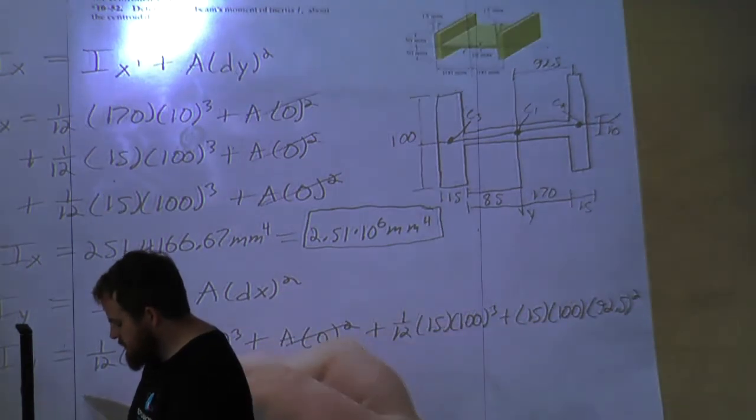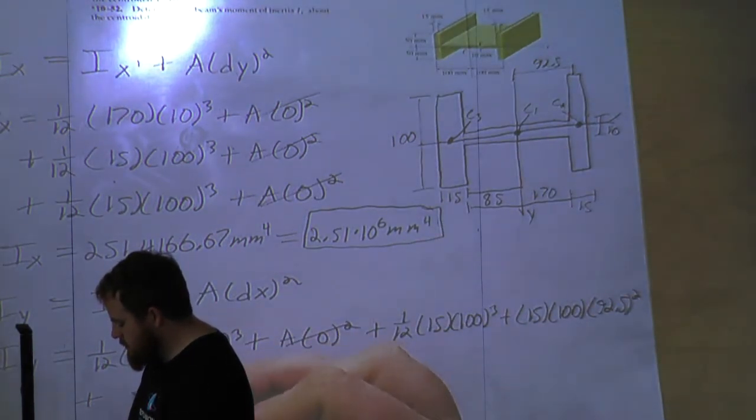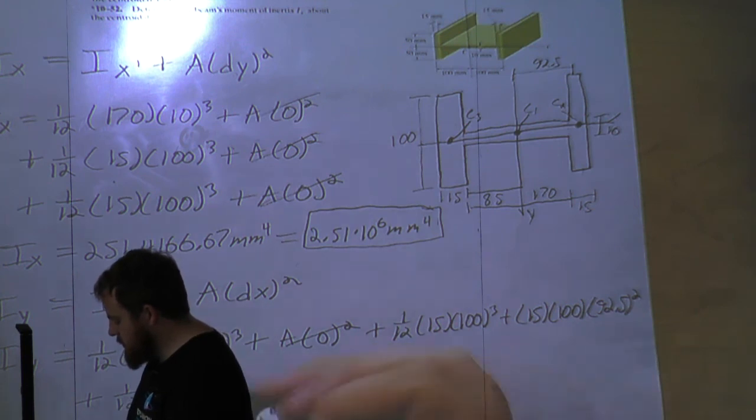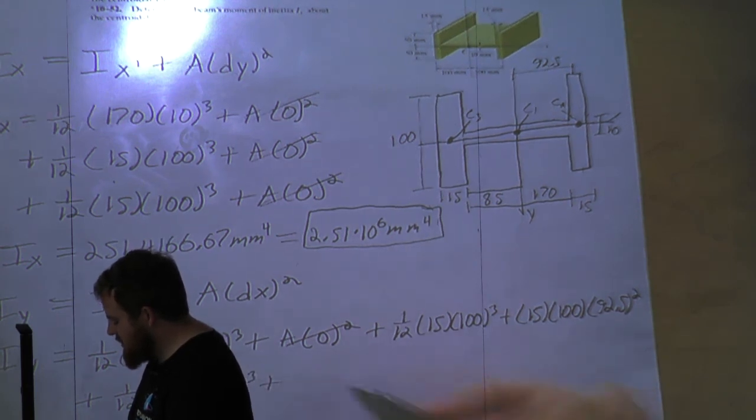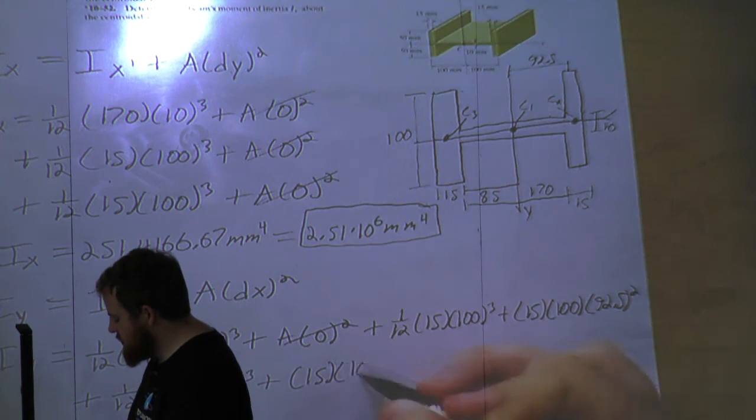Now, let's do the third part. That's going to be 1/12 times 15 times 100 cubed, plus 15 times 100 times 92.5 squared.